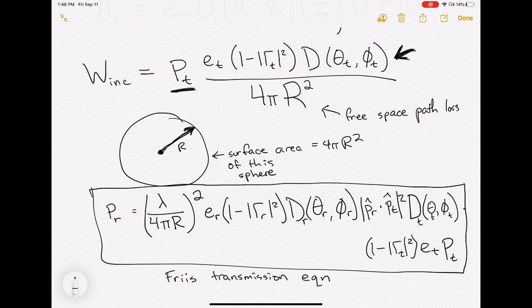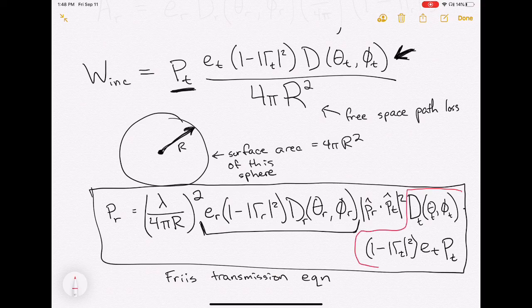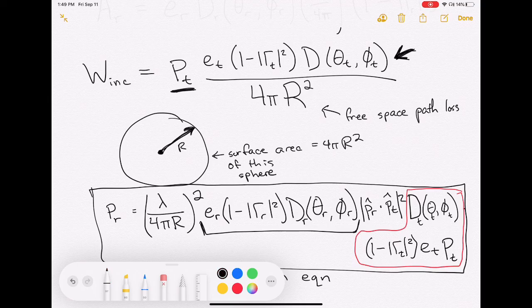It's possible to break all these terms down. If I lump all of this stuff together, that's the receive antenna realized gain. If I lump all of this stuff together, that's the transmit antenna realized gain. You can write this equation in larger or smaller ways depending on which quantities are most convenient for you to express it in.